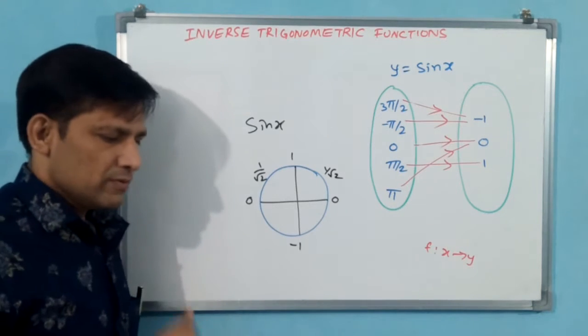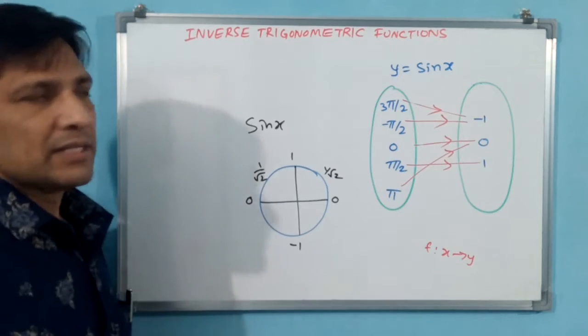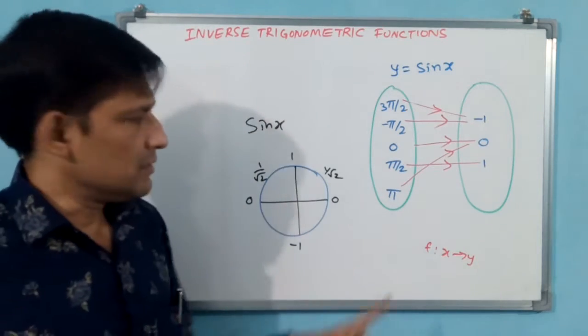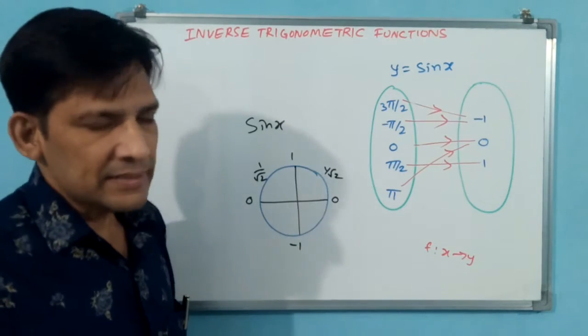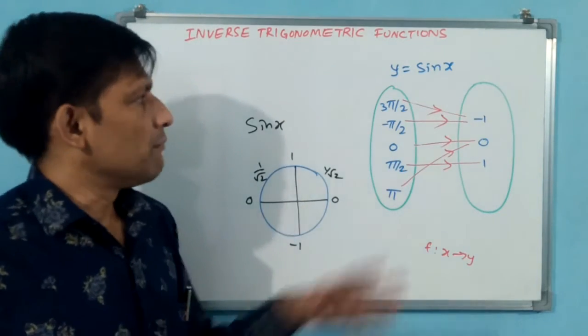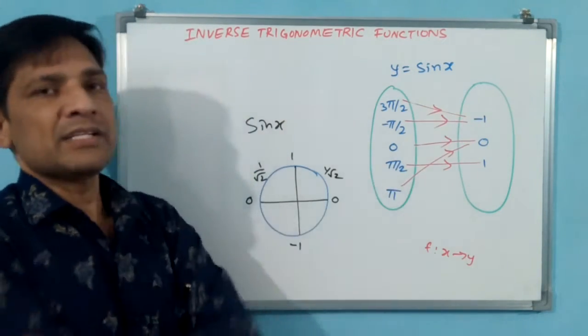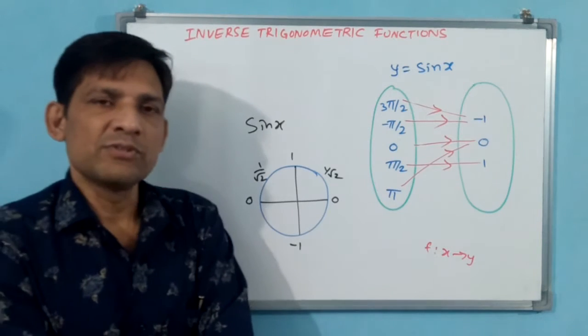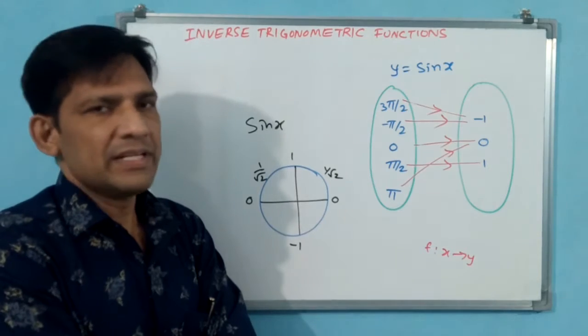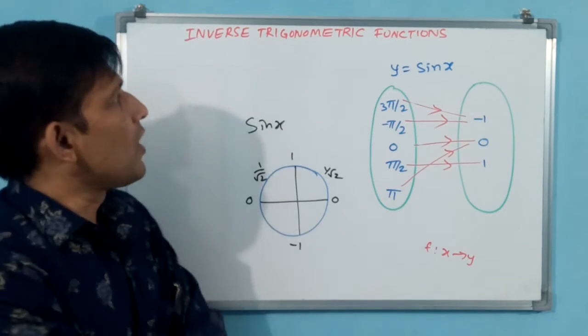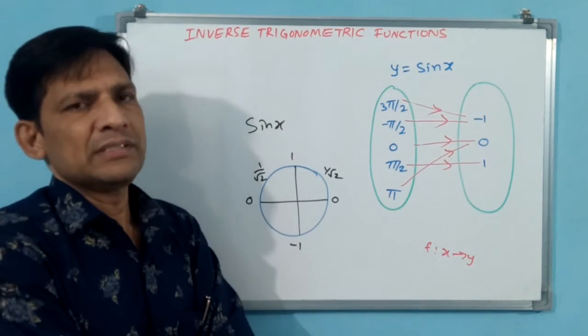Now, we just understood that for a function to have an inverse, it should be one-one and onto, or else there is no inverse. But now you tell me, with these conditions, is a trigonometric function going to have an inverse? No, definitely not. But how to make an inverse of a trigonometric function?